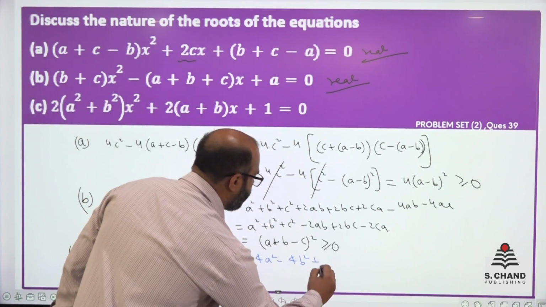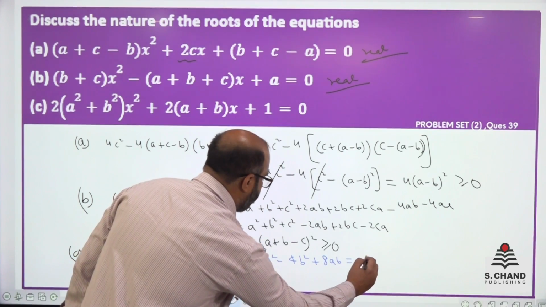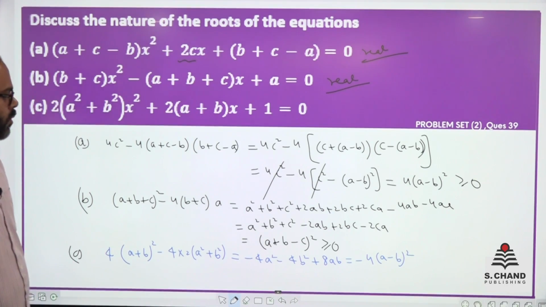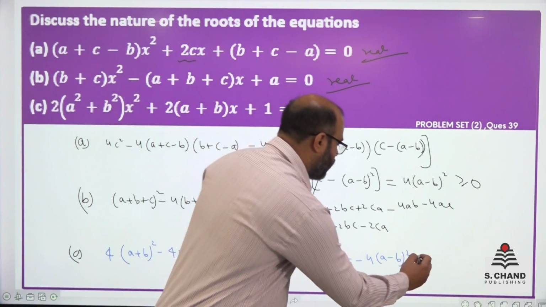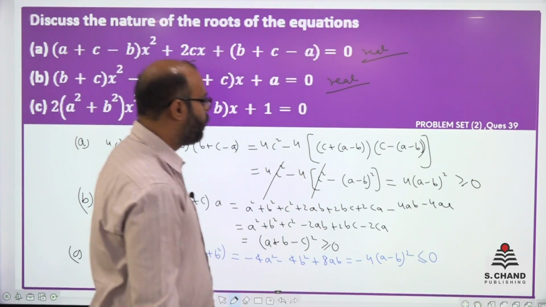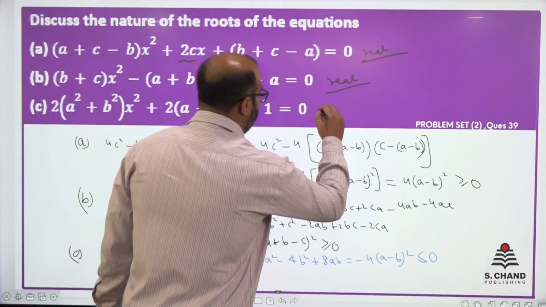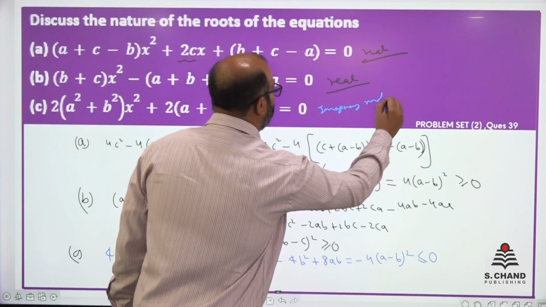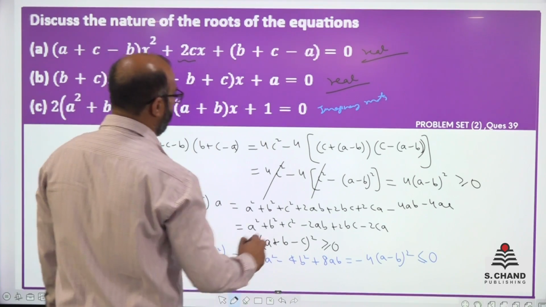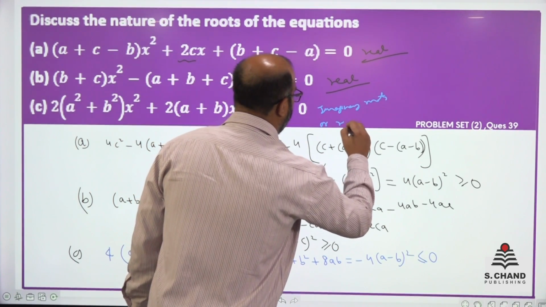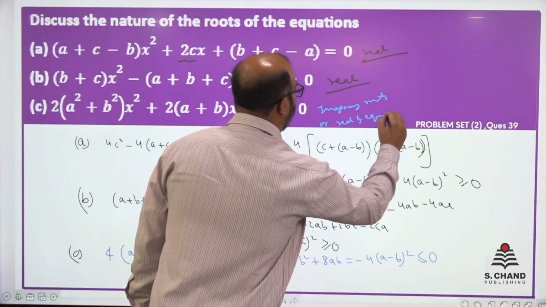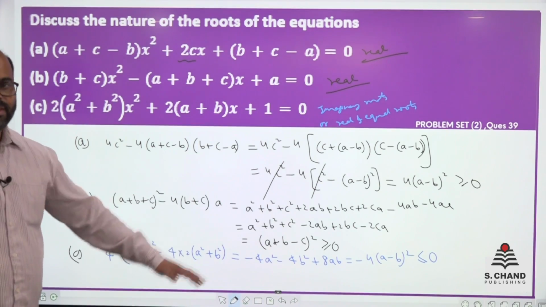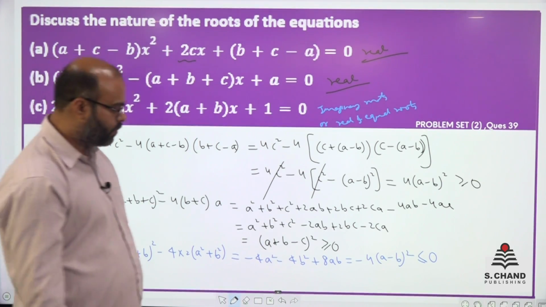So the formula says take minus 4 common, (a minus b) whole square. So this is always less than or equal to 0. So you can say imaginary roots, or if you take a and b same, real and equal roots, but not real and distinct. So these are the three cases which we have solved here.